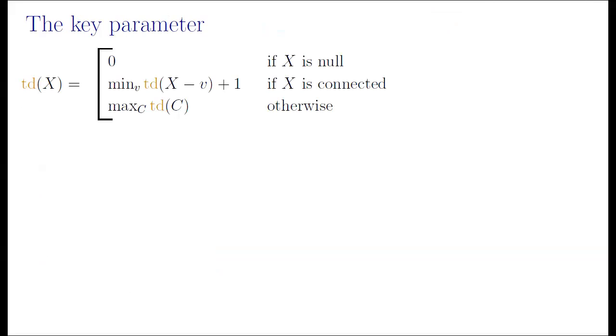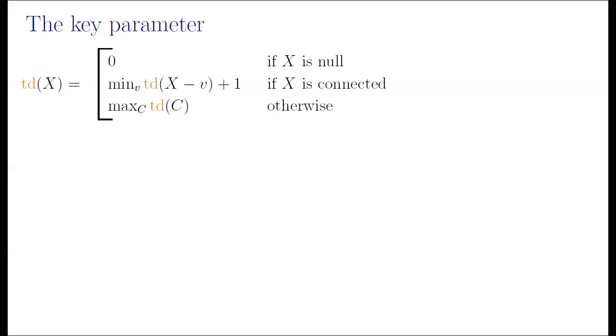The intuition is that we are playing a game on a graph, and we want to disconnect it as much as possible. A graph may have some components, and we play the game in parallel on the components. But when we are given a graph that is connected, we have to remove some vertex to disconnect it as much as possible, but we pay +1. And we want to minimize this value. So this is tree depth.